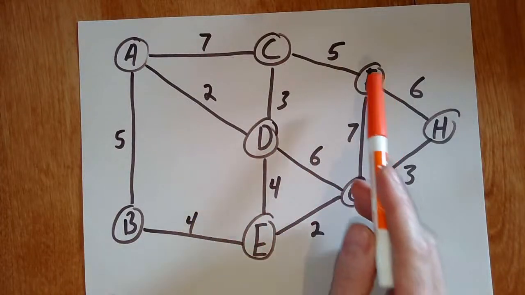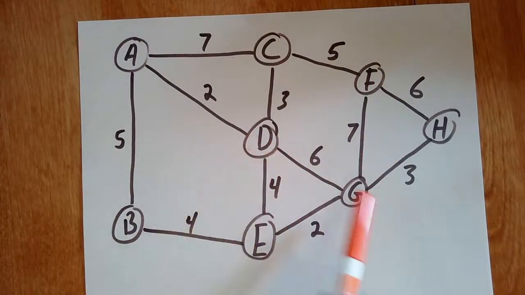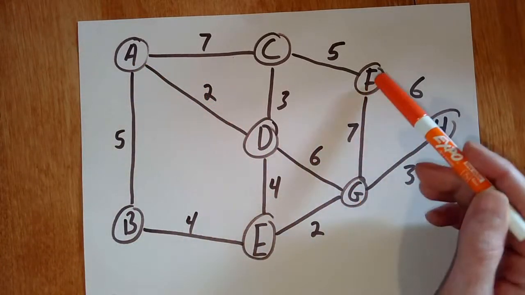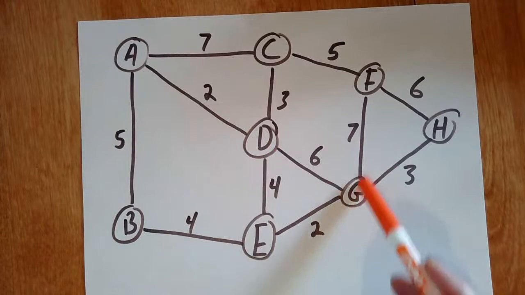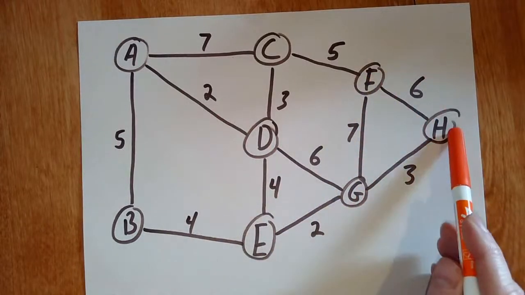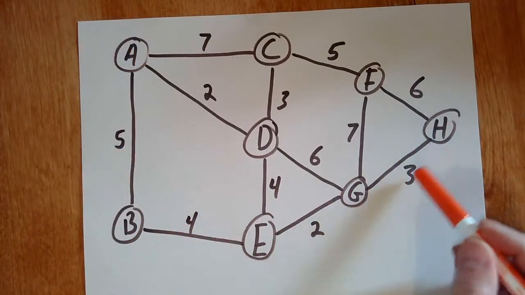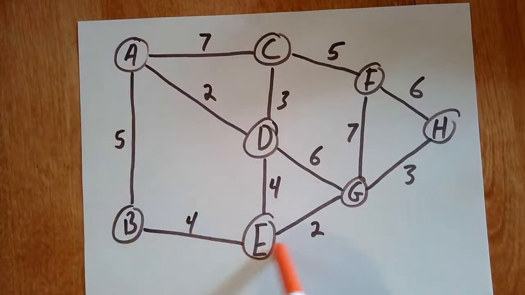If you're going to travel to F via D and G, then it's going to be 2 plus 6, 8 plus 7, so 15 if you were to go this path. If you're going to go to H with this roundabout way, 5 plus 4 is 9, 11, 14. That would be the cost to go this way.